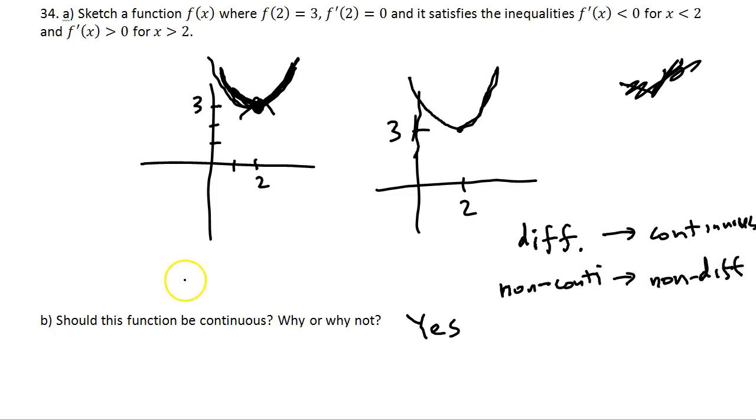So if you have a jump discontinuity or a removable discontinuity, at all those points it's not differentiable. So the answer to B, you should say yes, it should be continuous because it is differentiable. If it's differentiable, we know that it's continuous. That's how you argue.